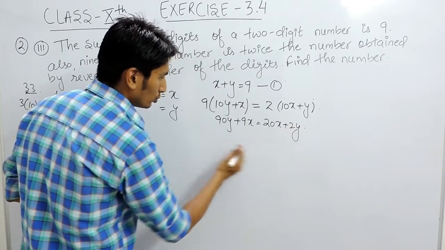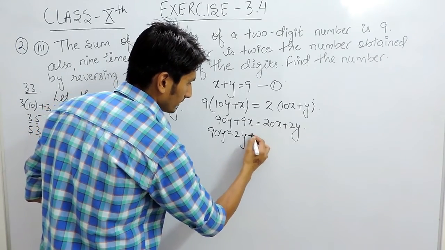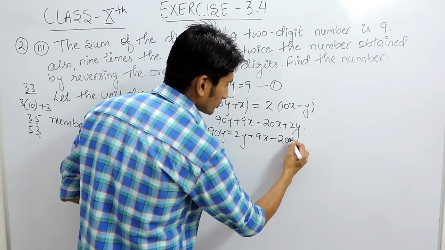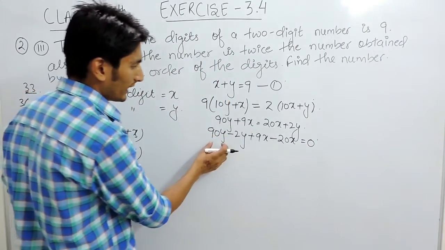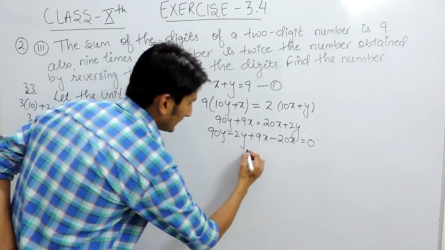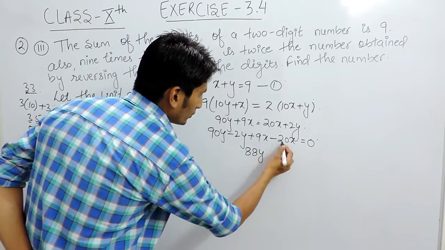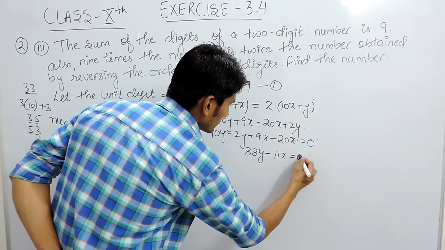So this 2y will become minus 2y, 9x will remain as it is, and this positive will become minus 20x. The value of this is equal to 0. So 90 minus 2y is basically 88y, and 20 minus 9 is 11x, equals to 0.